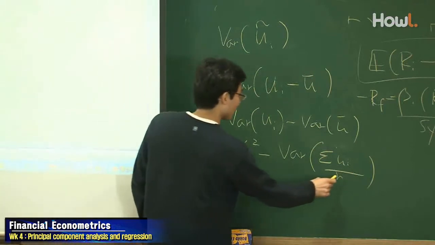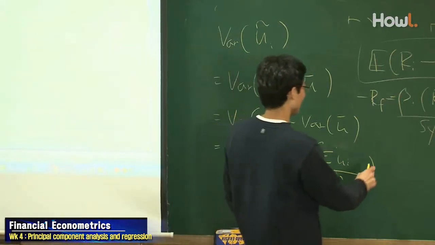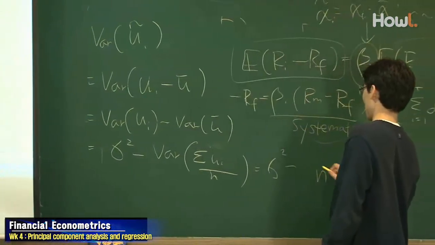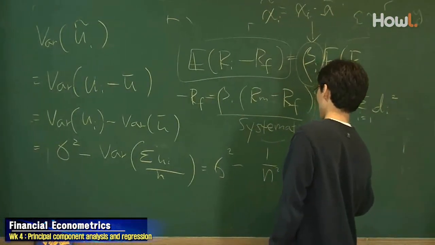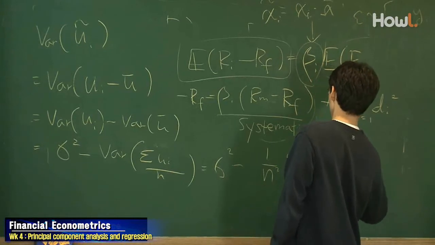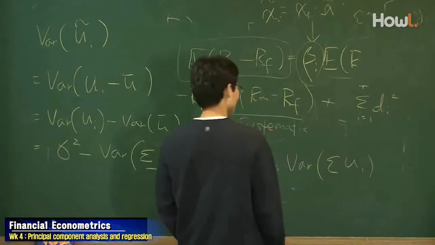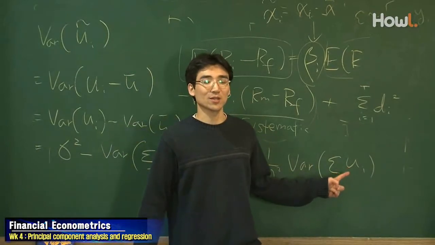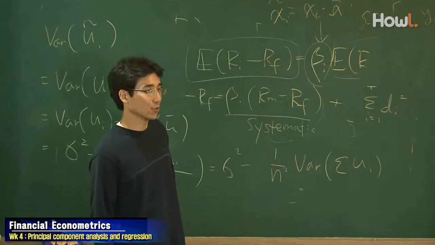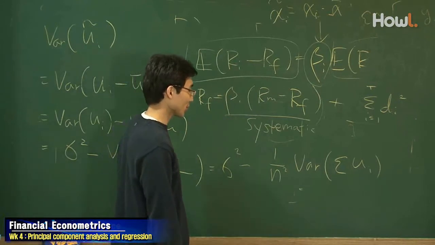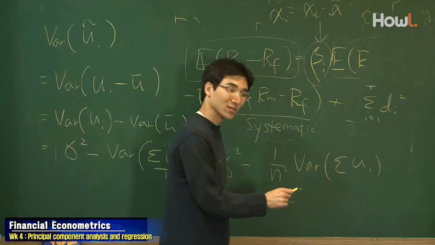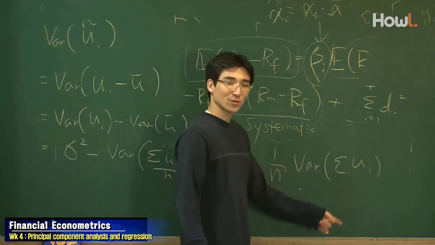But we can put this n outside. So it is sigma squared minus n squared over the variance of the sum of ui, right? And since each ui is identically and independently distributed, it was our original assumption, since they are independent, we can put the variance inside. Right? The ui are all independent.